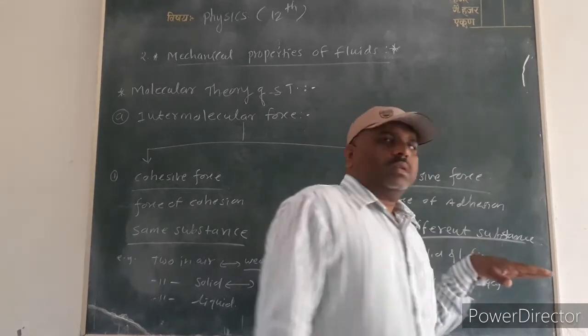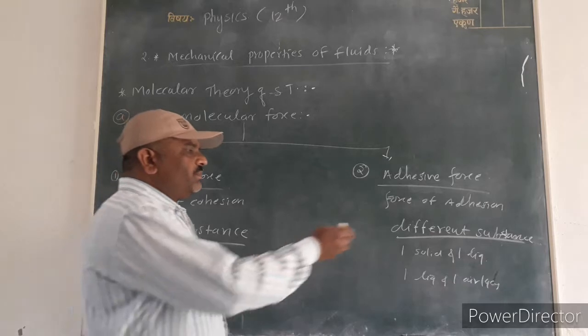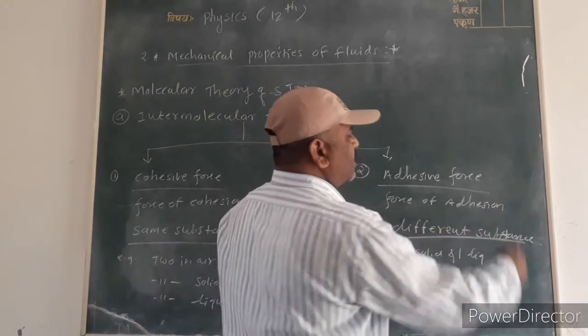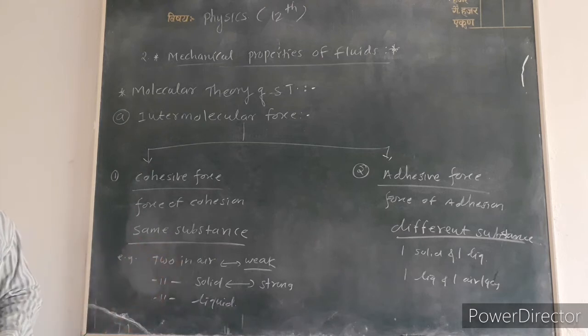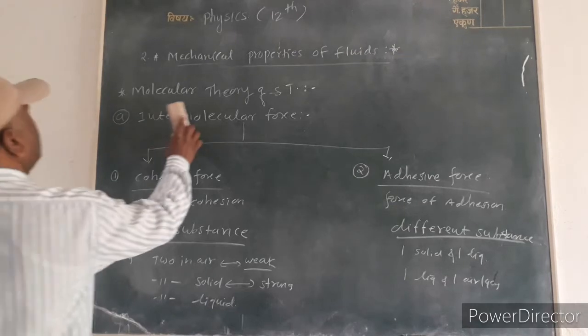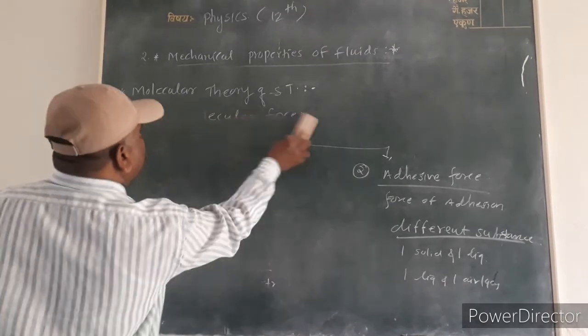The force of attraction between two molecules in different substances is called adhesive force, and in the same substance is called cohesive force. This is the type of intermolecular forces. Now we discuss the next definition.